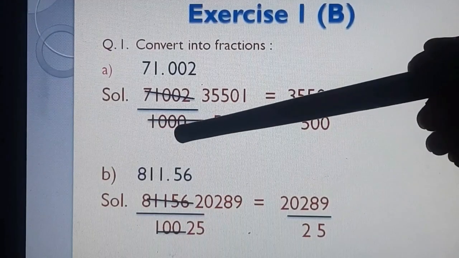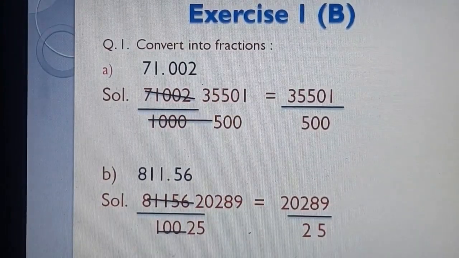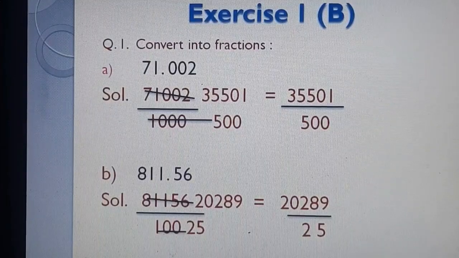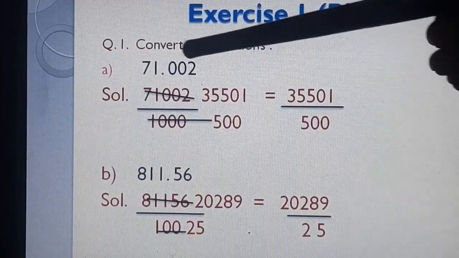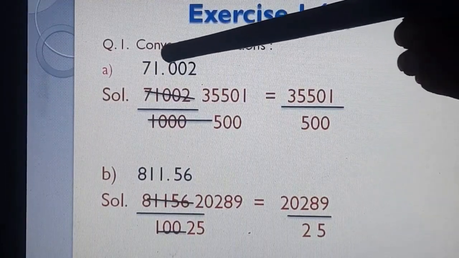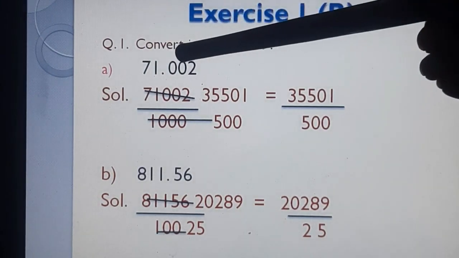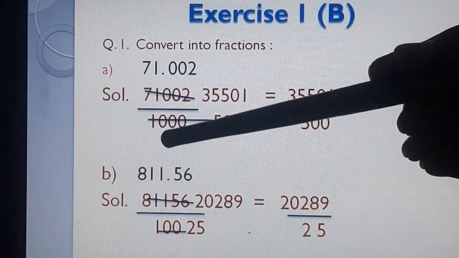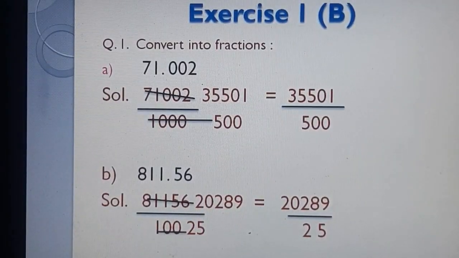Below the bar we will write the denominator. First we write 1 in the denominator. Now how many zeros will be there? This can be found by checking the number of digits after the decimal in the question. After the decimal there are 3 digits, 1, 2 and 3. So we will write 3 zeros after 1 in the denominator.